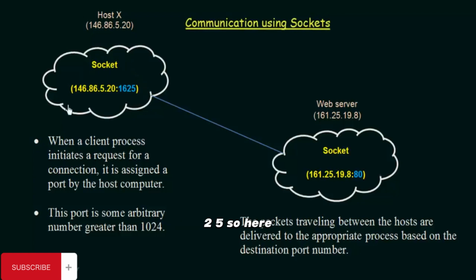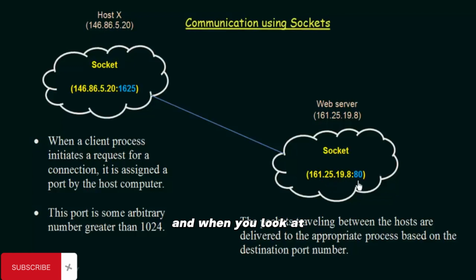So here the socket is established, and similarly in the web server, this is the IP address of the web server, and this web server also has a socket, and that socket belongs to the process in the web server that is going to communicate with this client process. Here also this IP address is the same as that of the web server, and here we have port 80 assigned.